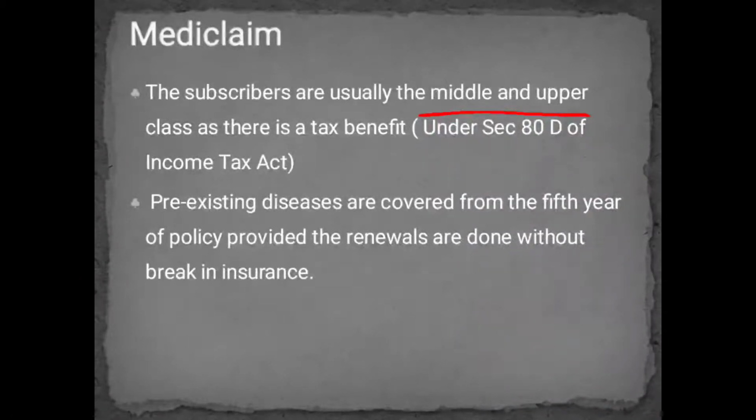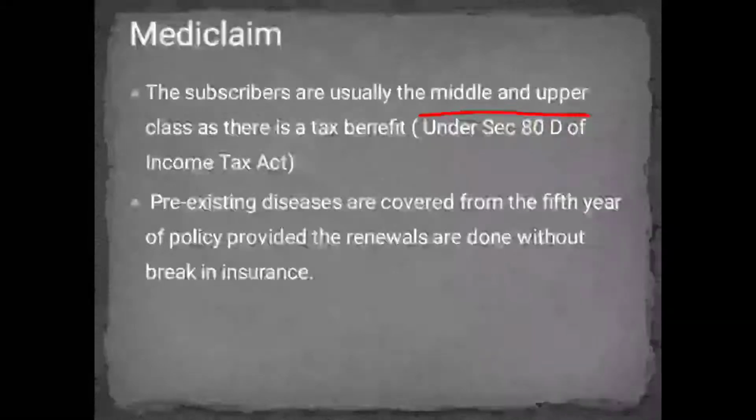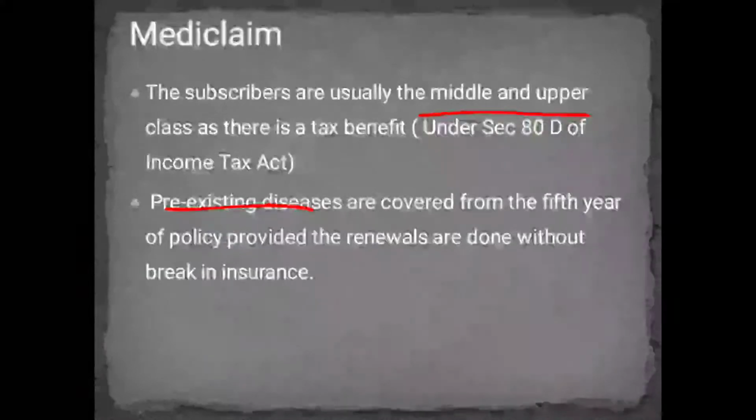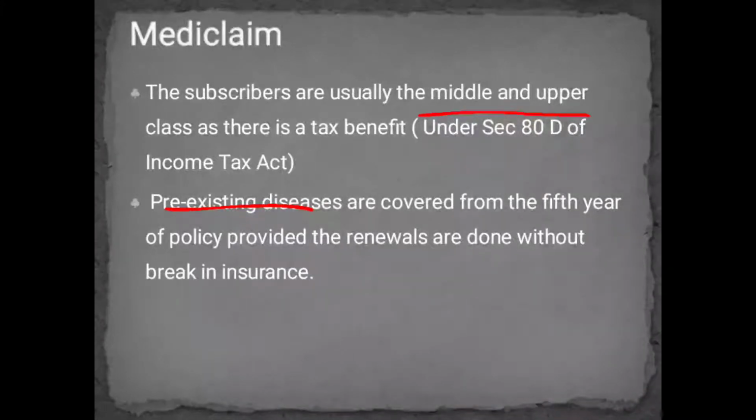Then, pre-existing diseases are covered from the fifth year of the policy, provided the renewals are done without a break. Sometimes pre-existing diseases are not covered if you already have a sickness. But here, if you are a member of this policy for 5 years, then from the sixth year onwards, even your pre-existing disease will be covered.